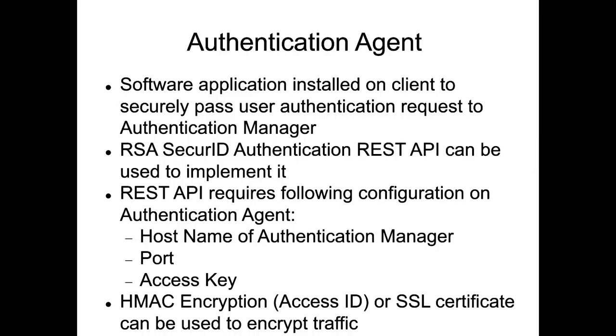Any system which wants to protect its login using RSA Secure ID needs to have authentication agent software installed on it. And the job of this piece of software is to receive the information from the user and securely pass it on to the authentication manager. And similarly, receive the result of authentication from the authentication manager and either allow or deny the user request.